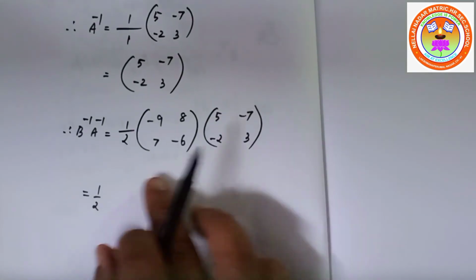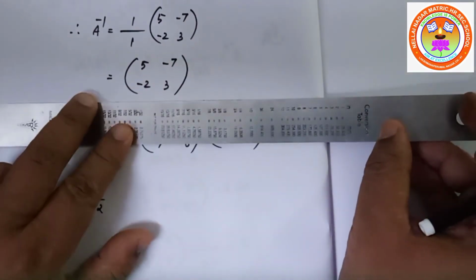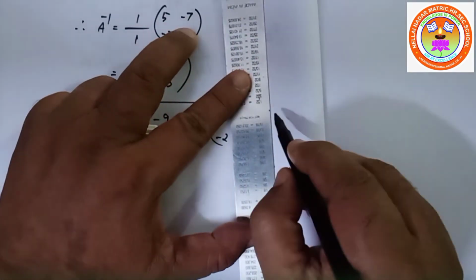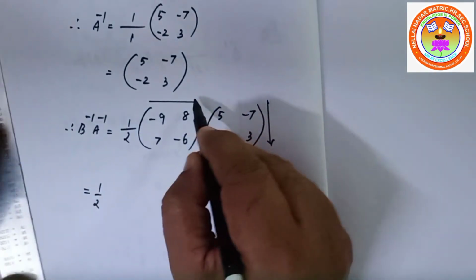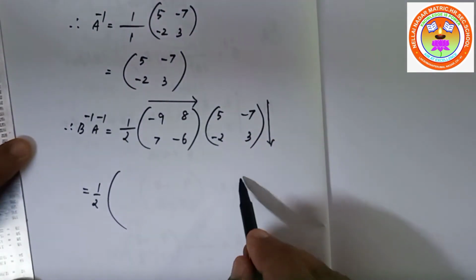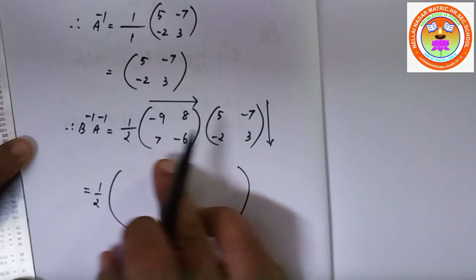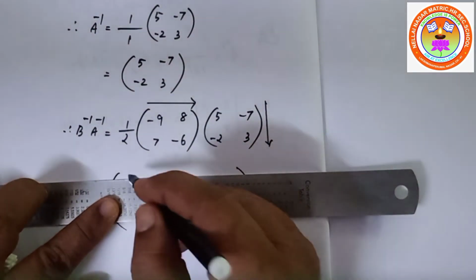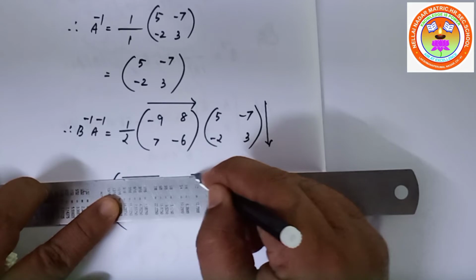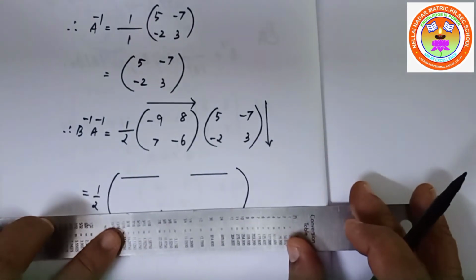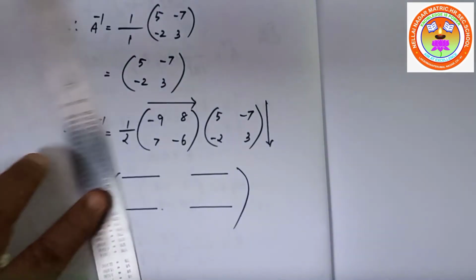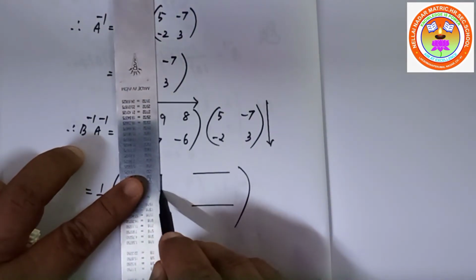Then you can go for row by column multiplication. Here we have 2 rows in the first matrix, and here we have 2 columns in the second matrix. So the resultant matrix is of order 2 rows 2 columns. So you put it like this, it will be easy for you to do the multiplication.